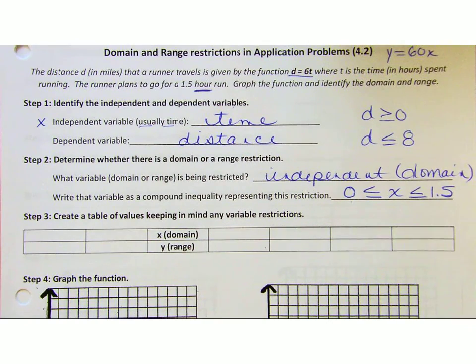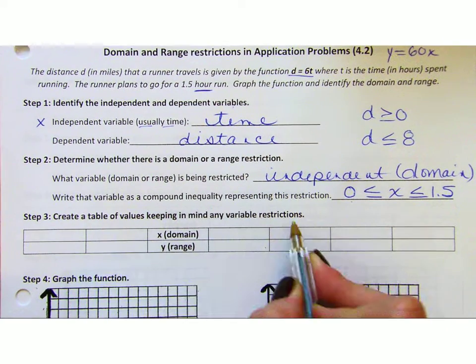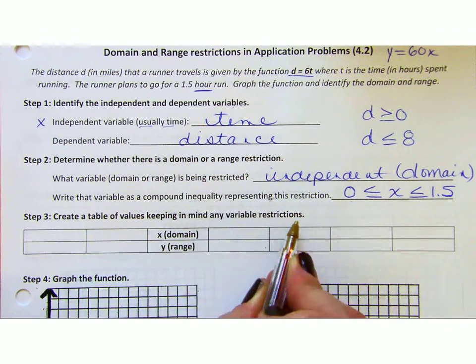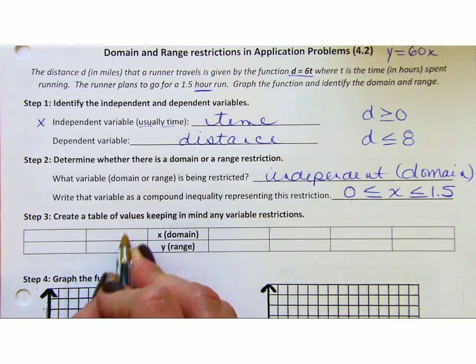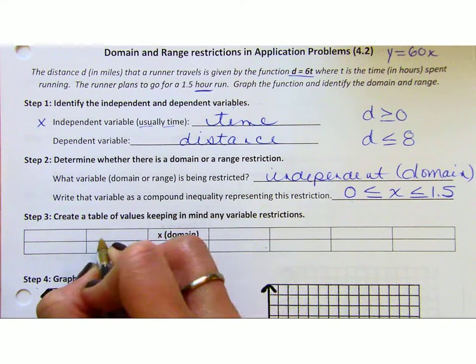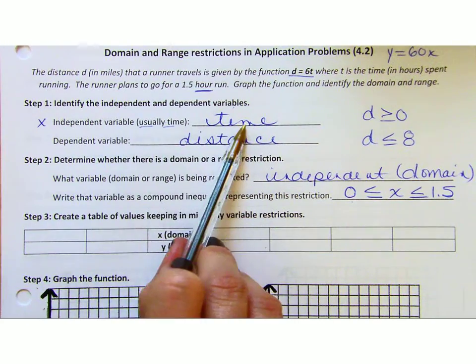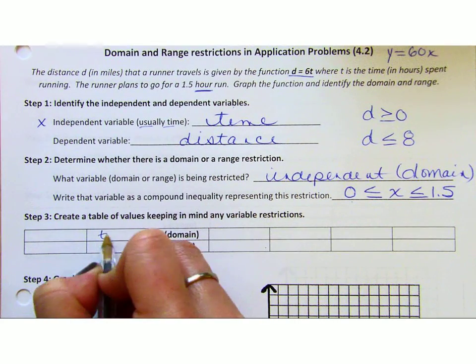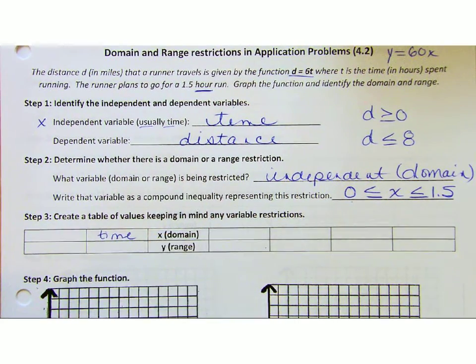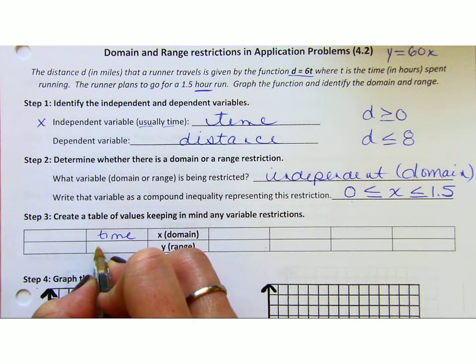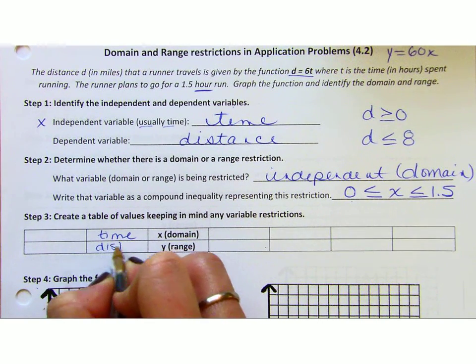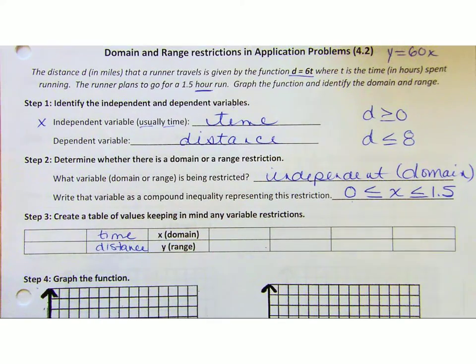Okay. Create a table of values, keeping in mind your variable restriction. So first thing I want you to do is this. X is my domain, and I think it's really helpful for you to list what your X is and what your Y is, distance. You could also put hours and miles if that makes you more comfortable.